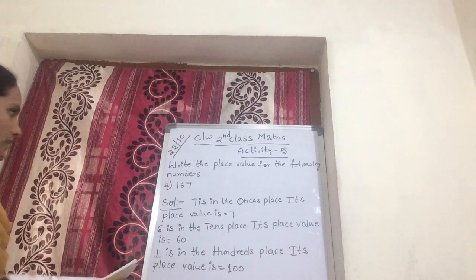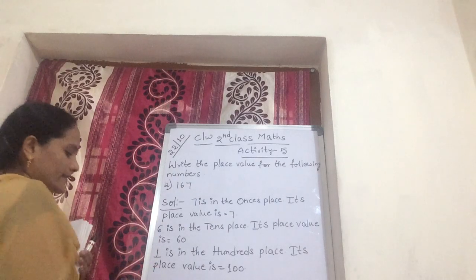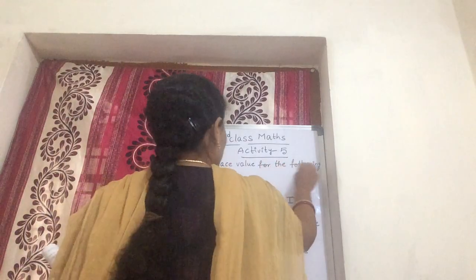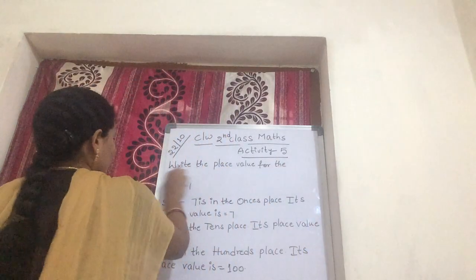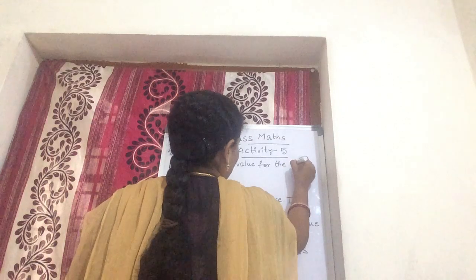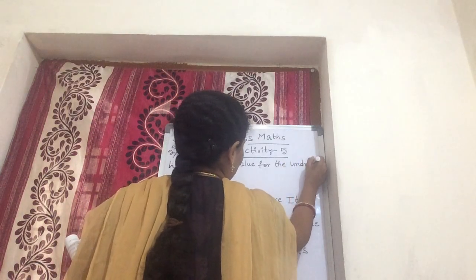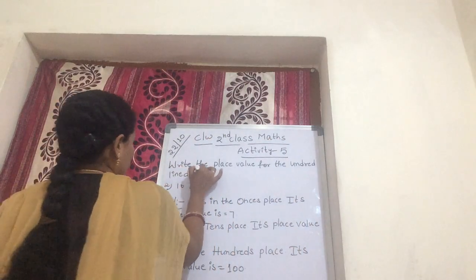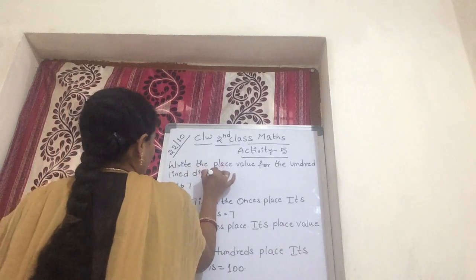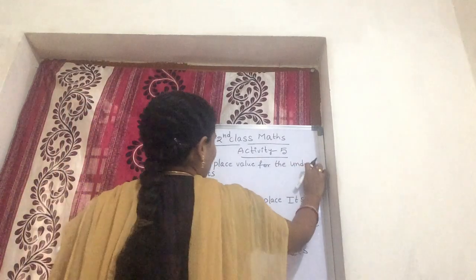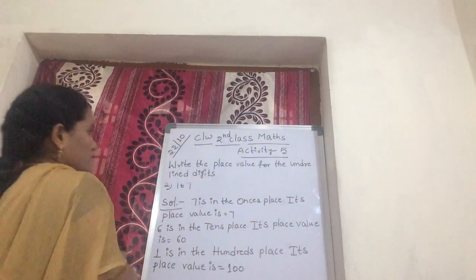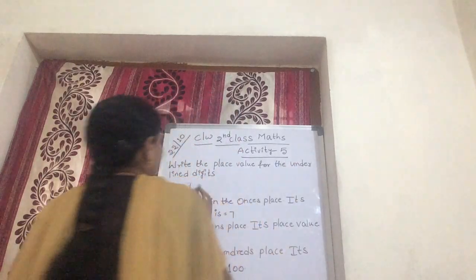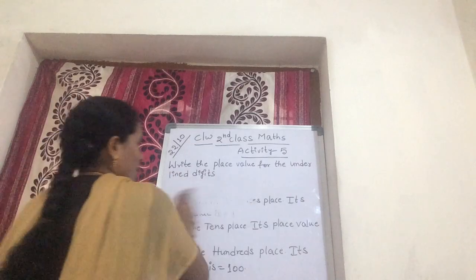In activity 5, write the place value for the underlined digit.